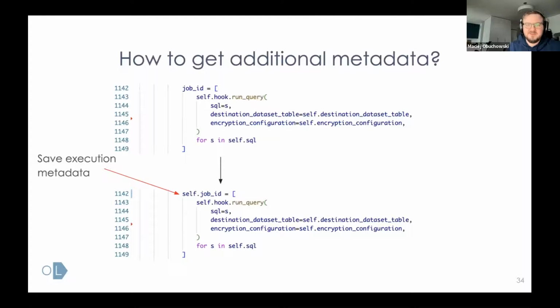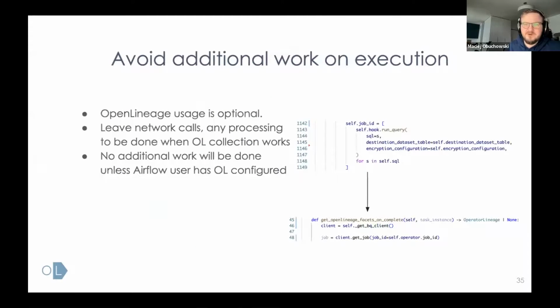A lot of it is simple changes like saving the configuration, saving the job ID, and making it accessible. And do not process the data in the execute method, because it's optional, right? If someone doesn't have OpenLineage or any lineage backend configured, they don't need this information.